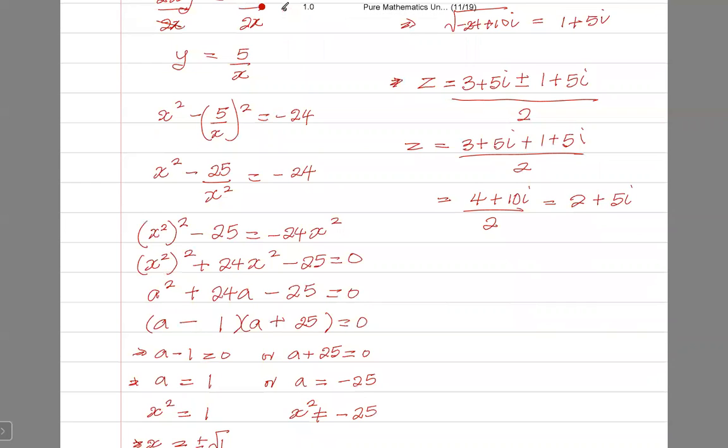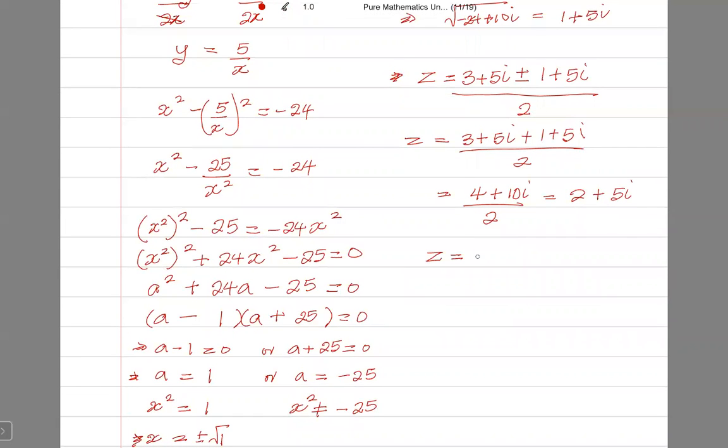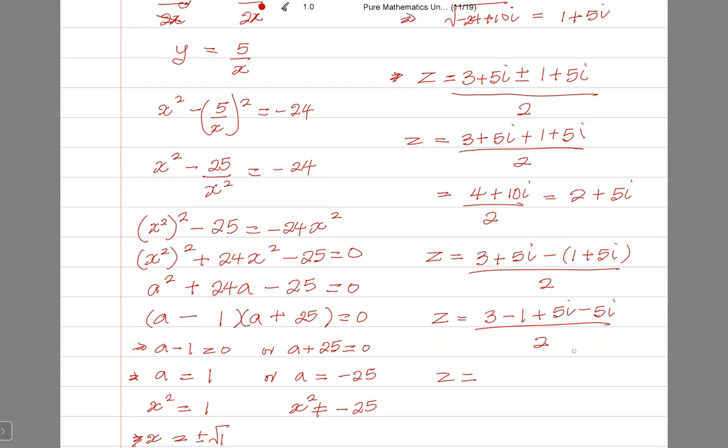The next answer, z is equal to 3 plus 5i minus 1 plus 5i, and this is over 2. Z would be equal to 3 minus 1 plus 5i minus 5i, all over 2. 3 minus 1 is 2. 5i minus 5i is 0.